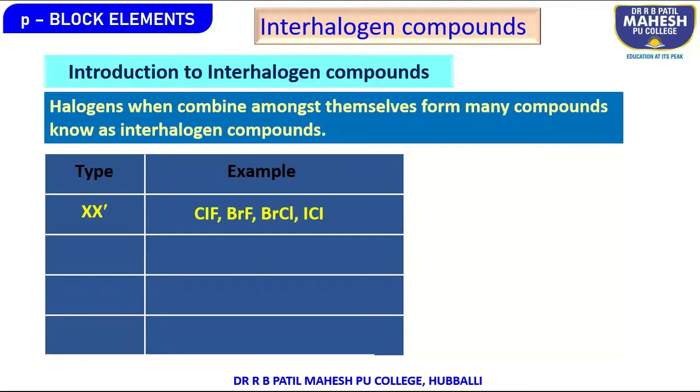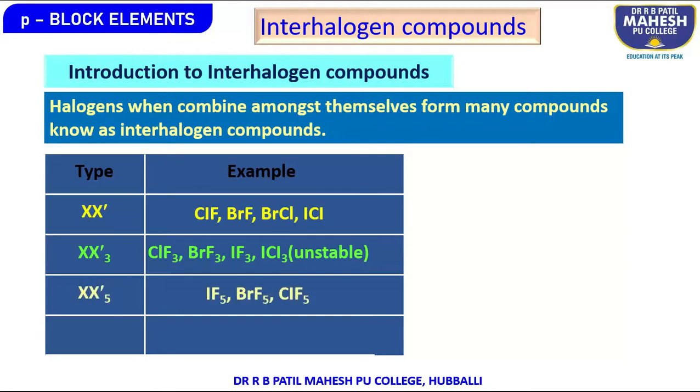So we have interhalogen compounds of the following types: XX dash, for example ClF, BrF, BrCl, ICl; XX3 dash, ClF3, BrF3, IF3, ICl3; XX5 dash, IF5, BrF5, ClF5; XX7 dash, that is IF7.